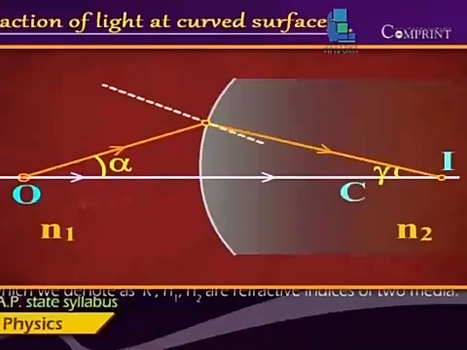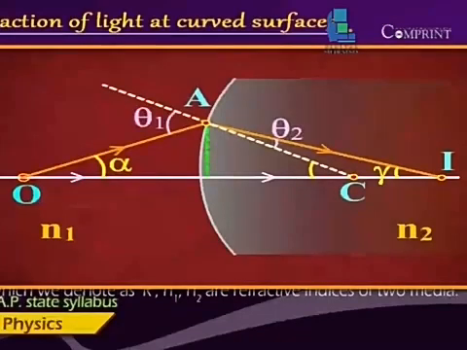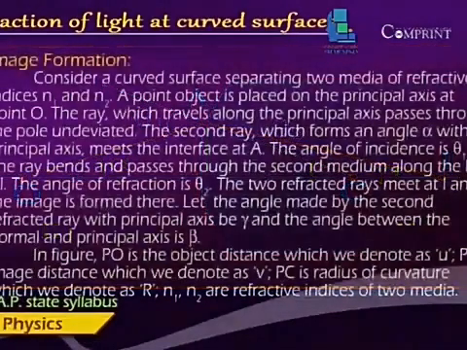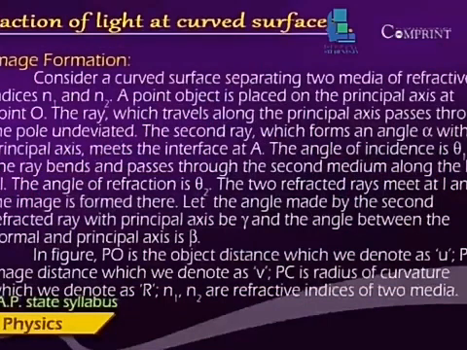The second ray, which forms an angle alpha with the principal axis, meets the interface at A. The angle of incidence is theta 1. The ray bends and passes through the second medium along the line AI. The angle of refraction is theta 2. The two refracted rays meet at I and the image is formed there.